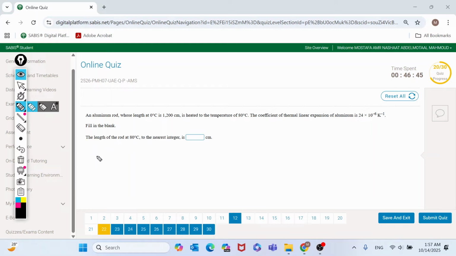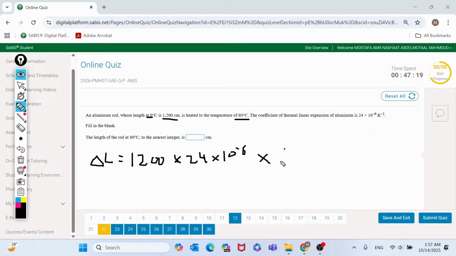Okay, the formula I explained in the other quiz also. It's delta L equals 1,200, because that's L initial, times the coefficient of linear expansion, so 24 times 10 to the power of negative 6, times T final minus T initial. 80 minus 0 is just 80.